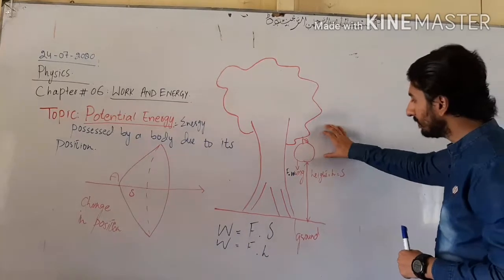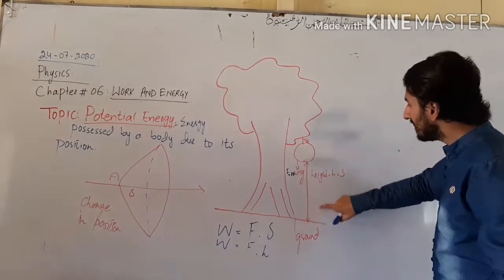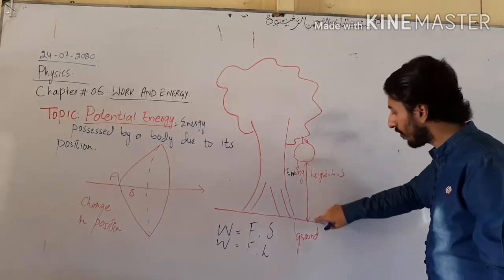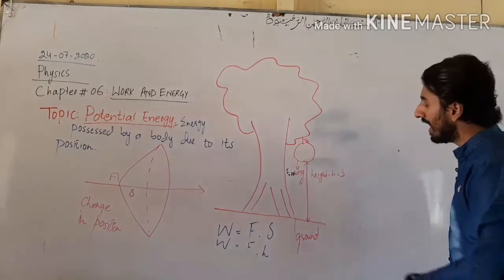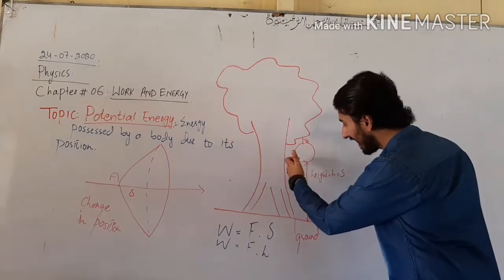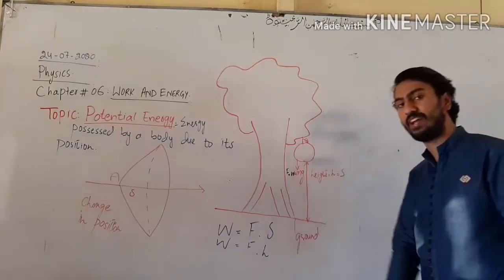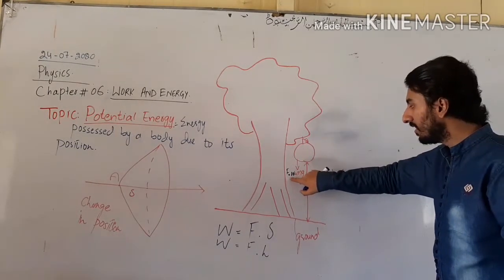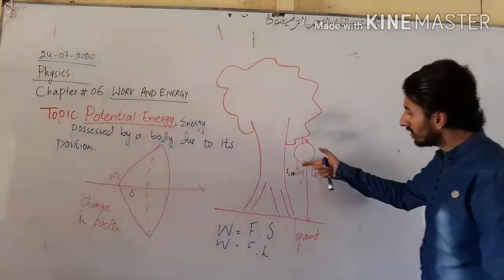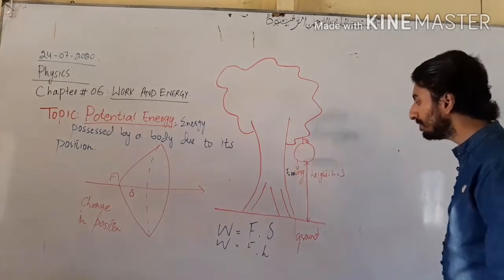You can see that the apple is at height h from the ground, and there is a force acting downward on this apple. This force is equal to its weight. We know that W is equal to mg. The weight of the apple is acting downward.